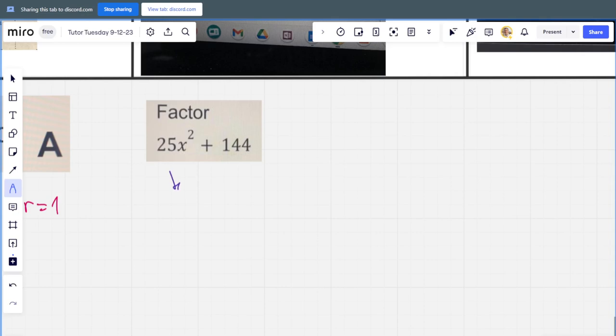So I guess what you could do is just factor these separately, right? We could do 5x squared plus 12 squared. I'm not sure if you can get it any simpler than that. Yeah, that's what I would do.